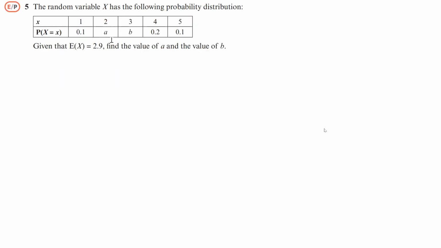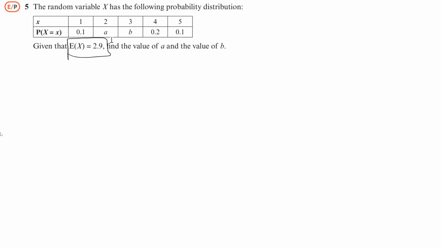Okay. And in this question, the random variable x has the following probability distribution, and given that E of x equals 2.9, find the value of a and the value of b. In this question, we just need to remember two things.